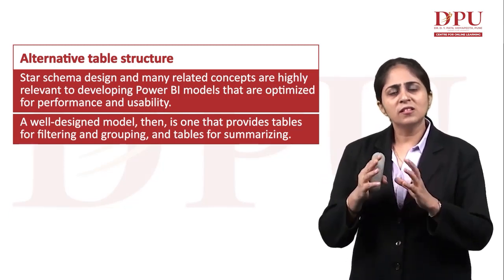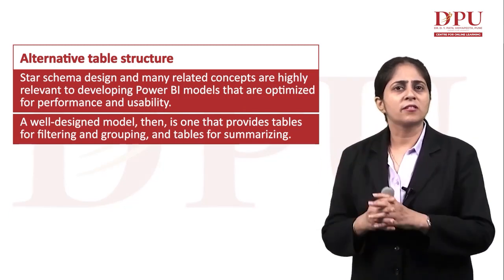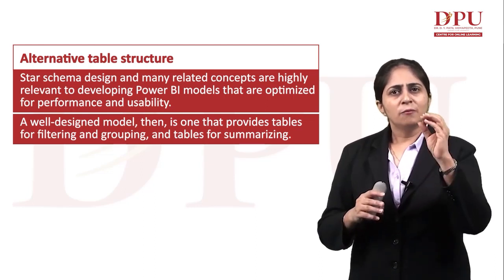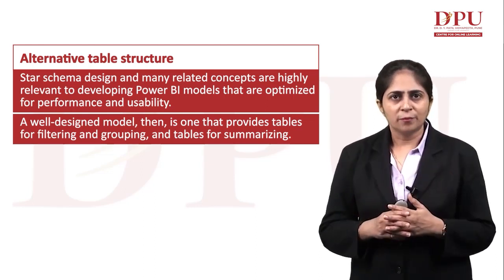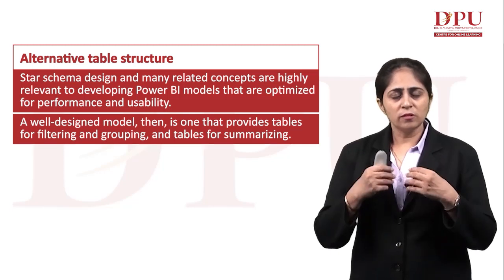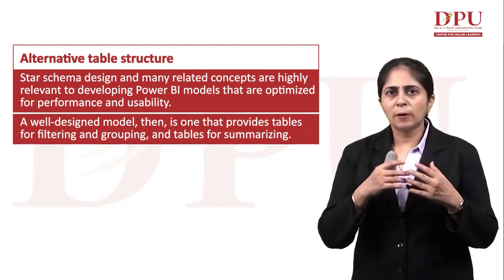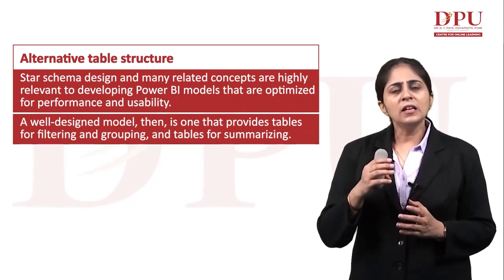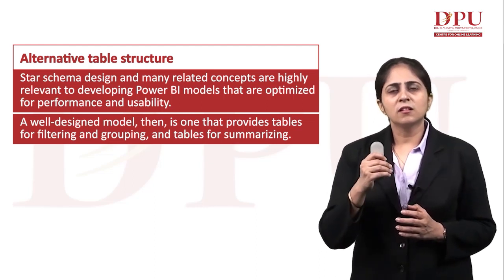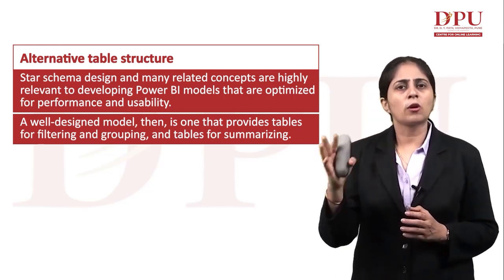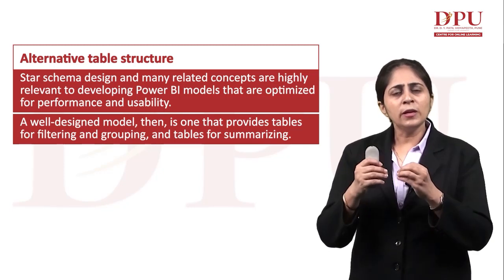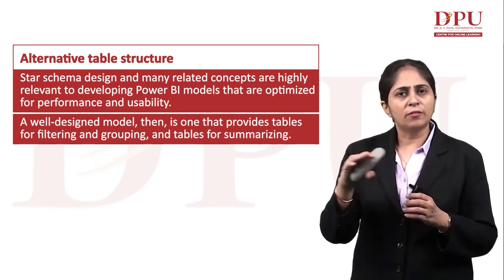So we require a certain table structure, because whenever we need to raise a query, suppose we are talking about a factory which produces various products and we want to see the products sold in Q1. It will require certain filtering of data.